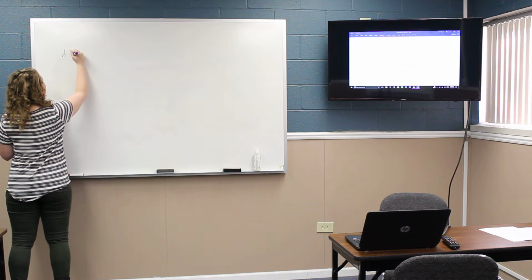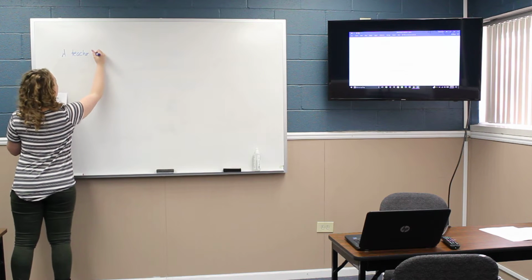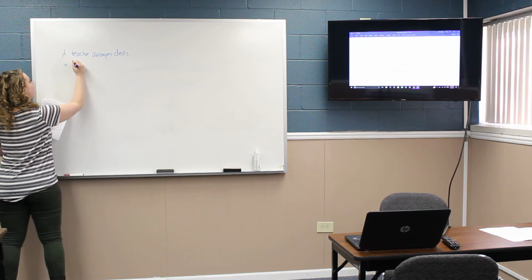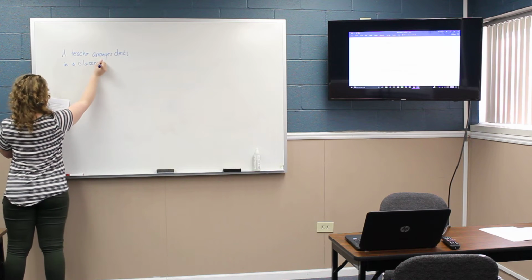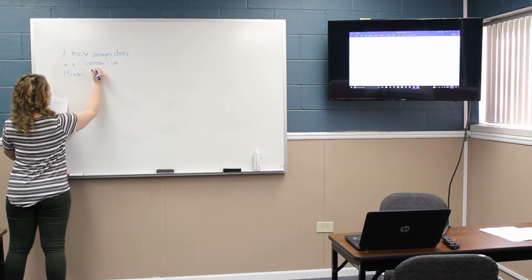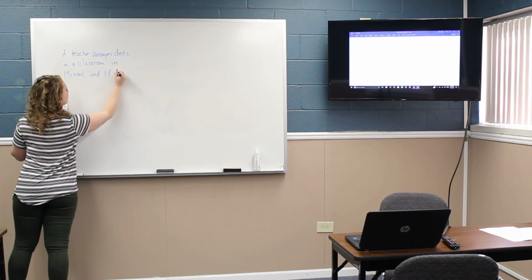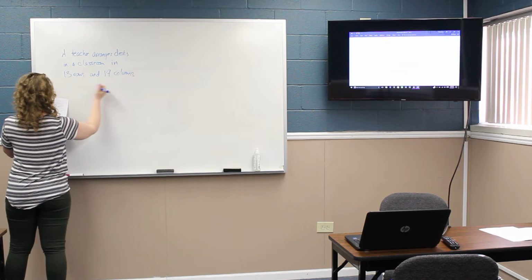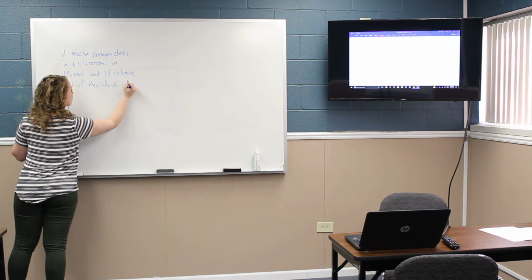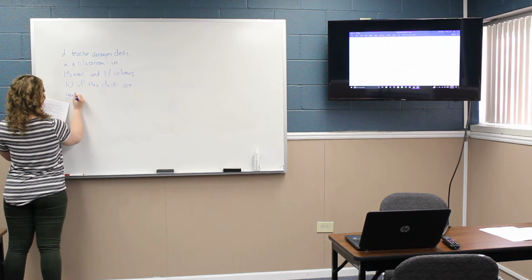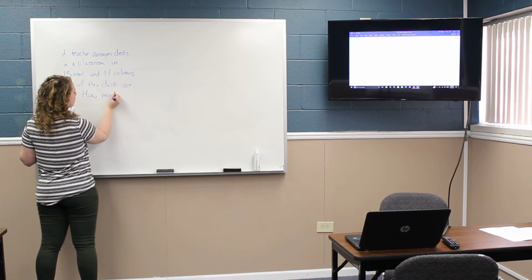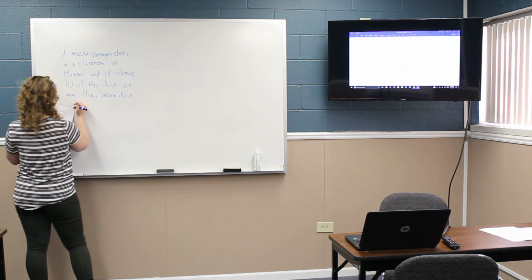So it goes, a teacher arranges desks in a classroom in 13 rows and 19 columns. 10 of the desks are gray. How many desks are in the classroom?